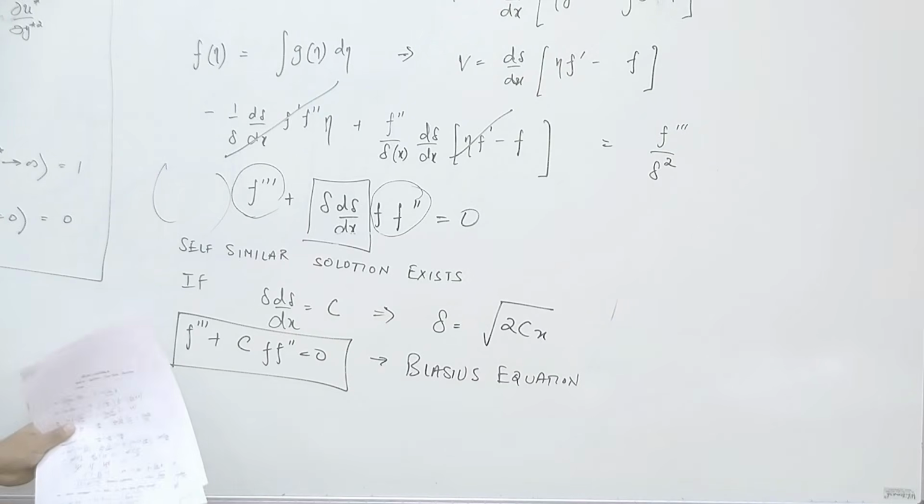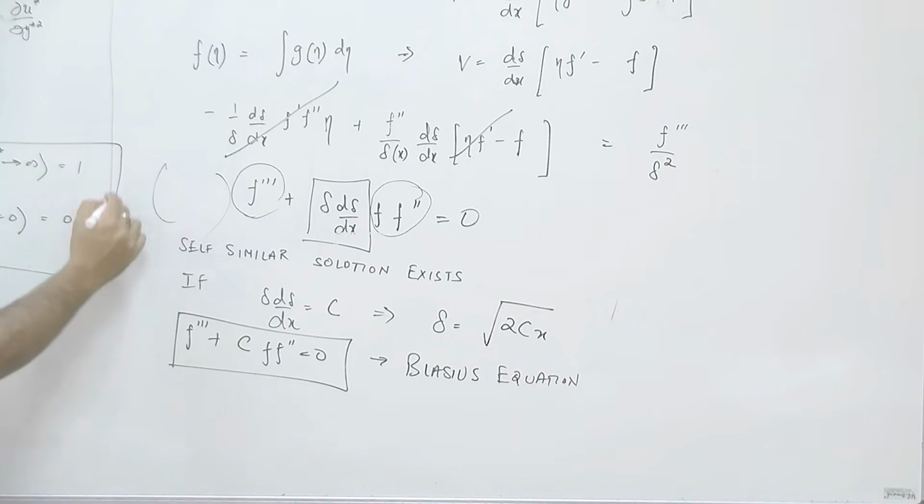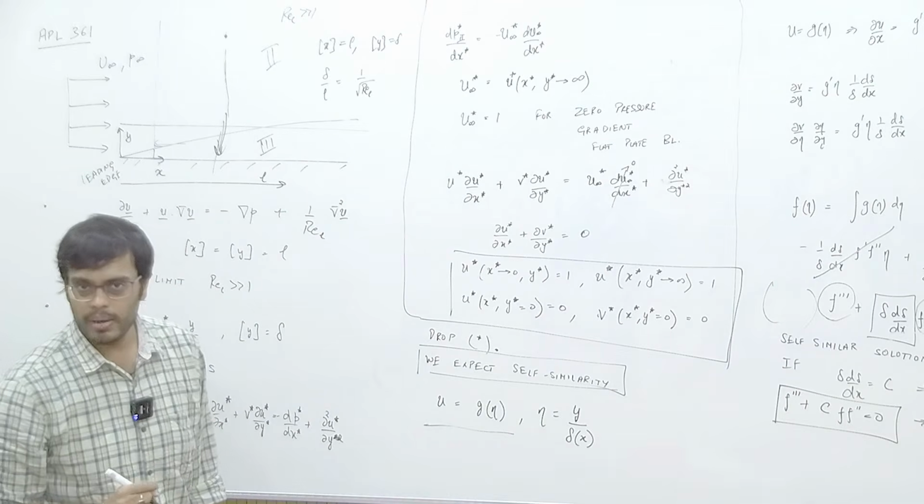Okay. We are still not full way there in concluding that a self similarity solution exists. We have concluded that I can convert this PDE to an ODE. We have to be careful about the boundary conditions also. Okay.